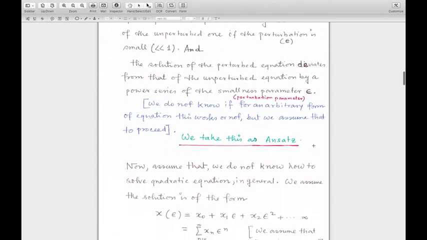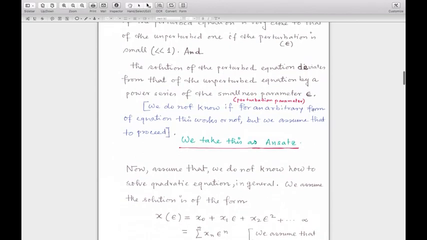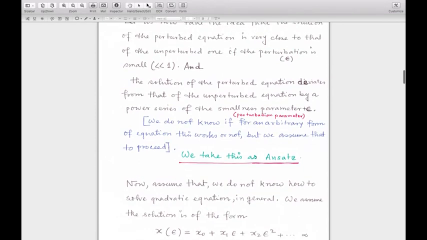Now, this is not a very correct statement, because it is a power series of the smallness parameter epsilon, but the power series starts from epsilon to the power 1. The epsilon to the power 0 basically gives the solution of the unperturbed version.